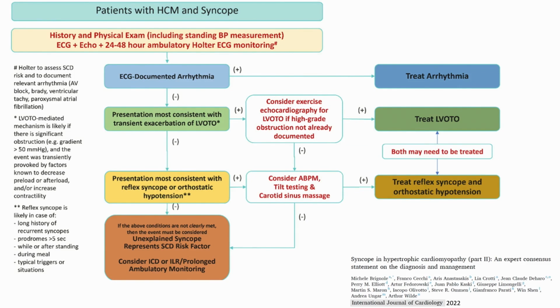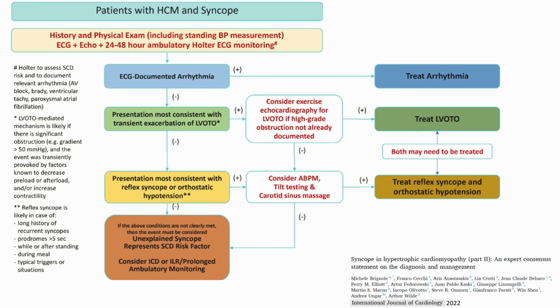In patients who have HCM and syncope, first perform a history and physical examination, including standing blood pressure measurement, electrocardiogram, echo, and 48-hour ambulatory Holter monitoring. If with this initial evaluation an arrhythmia is documented, the diagnosis is established: treat the arrhythmia.